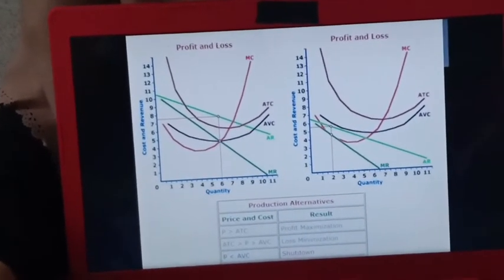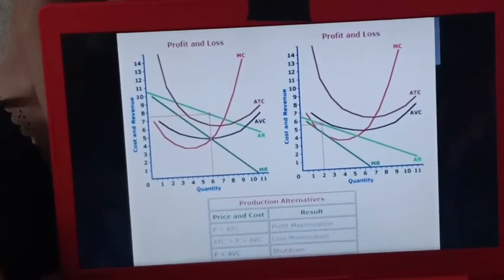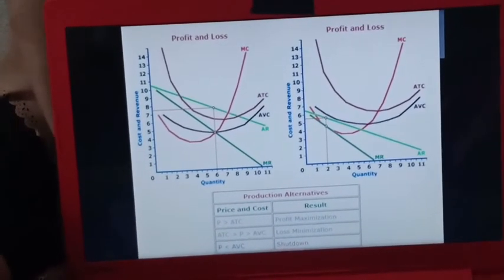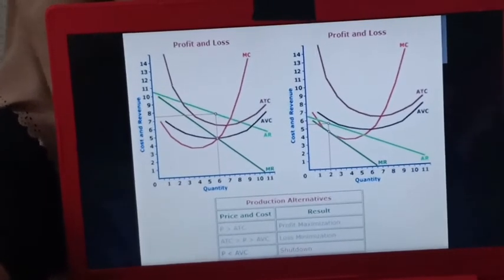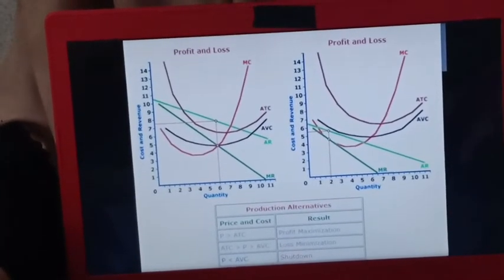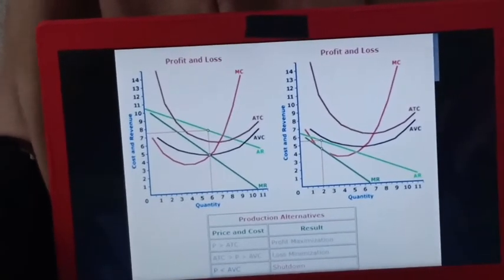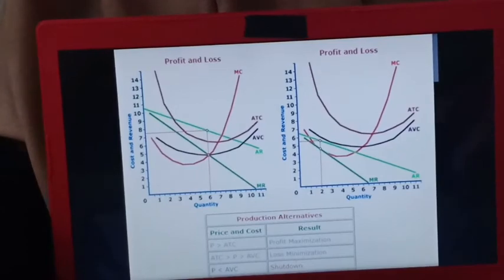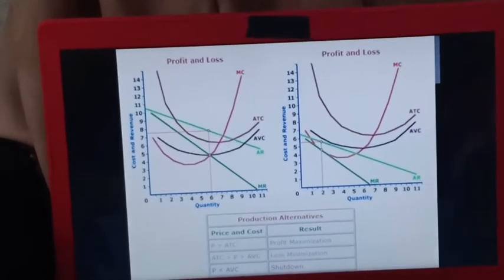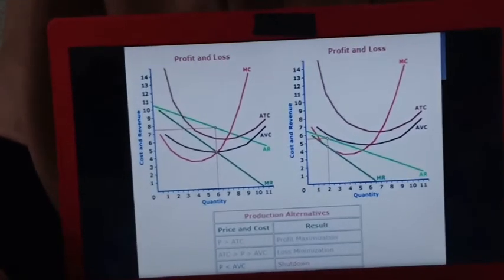For the long run, they will need to shut down the operation if the price is below average cost. Why do they need to shut down? Because if they continue to produce output, they will experience loss and they cannot cover the total fixed cost and total variable cost.